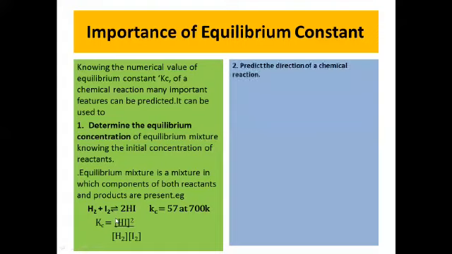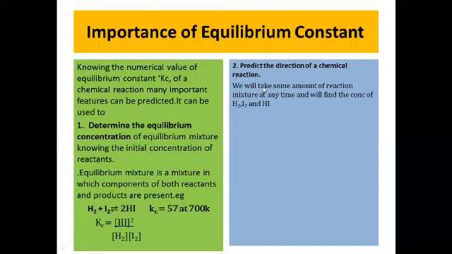The second important feature which we can predict by using the Kc value is the direction of a chemical reaction. We can find out whether a reaction is going in the forward direction or the reverse direction.